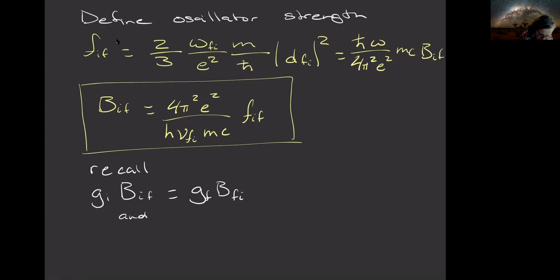And also that you can relate the Einstein coefficient A_fi to 2 nu cubed over c squared times B_fi. So given our final determination based off of the dipole moment of two wave function states, one Einstein coefficient will allow us to derive all three Einstein coefficients.